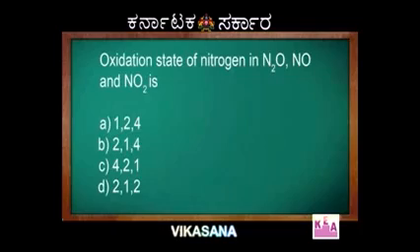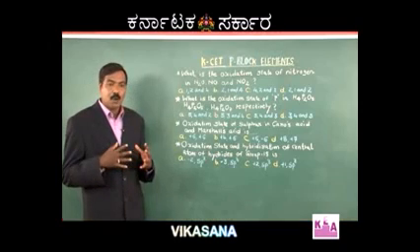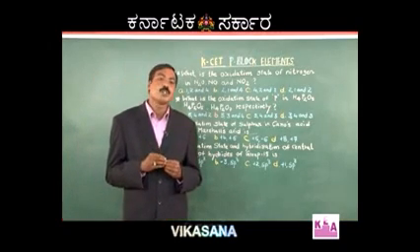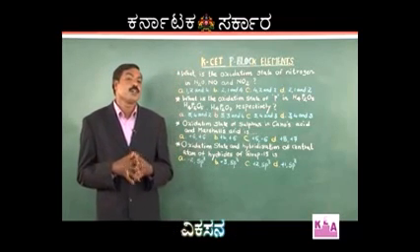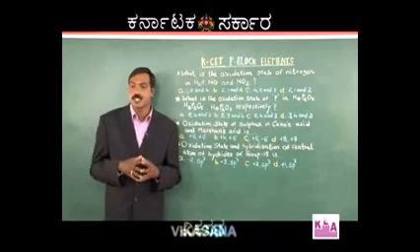In the first question that I am going to discuss with you, what is the oxidation state of nitrogen in N2O, NO and NO2? You are all aware that in first year PUC you have studied redox reactions, and how to calculate the oxidation state.